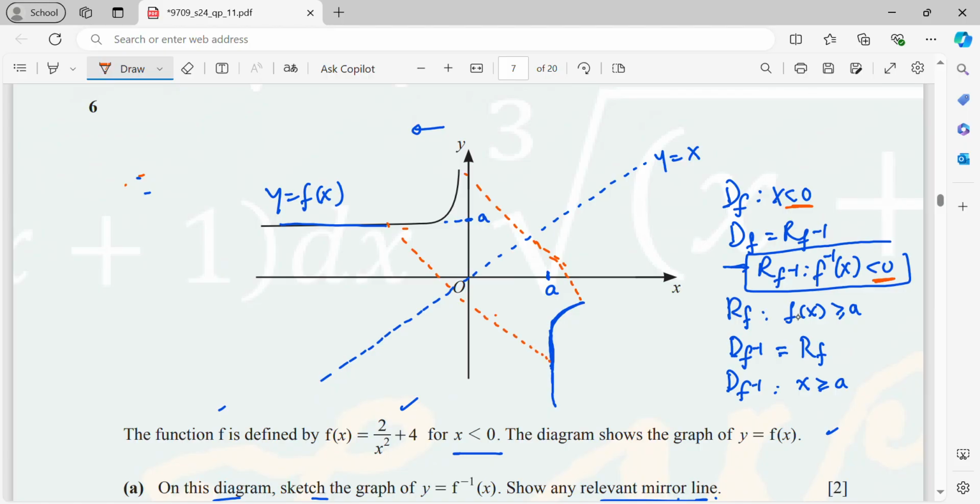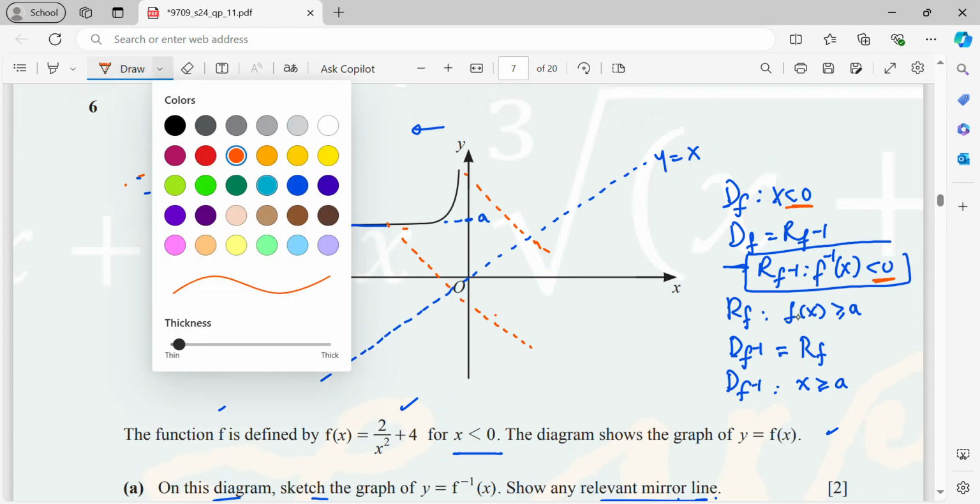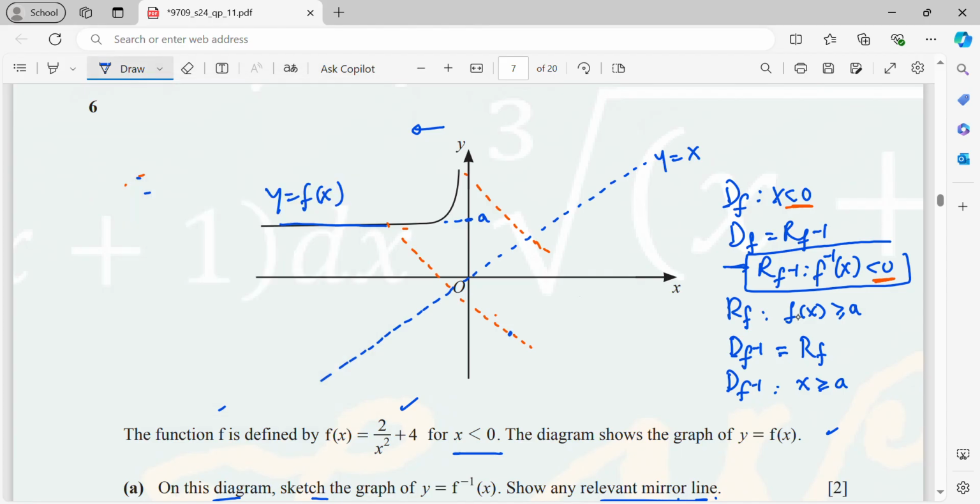Okay, so I think my a is too far away. It should be the reflection. So you can just measure probably here.